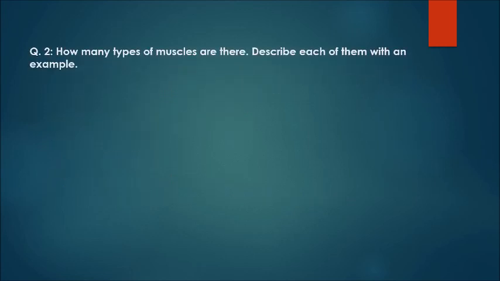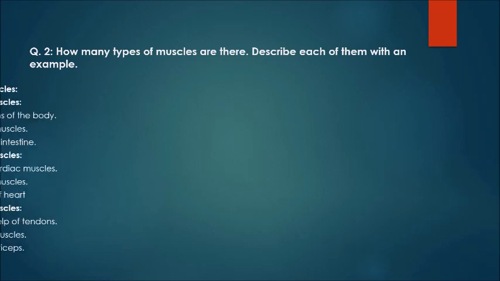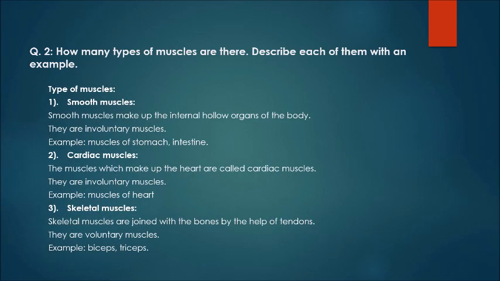Question number 2. How many types of muscles are there? Describe each of them with an example. Types of muscles. Number 1, smooth muscles. Smooth muscles make up the internal hollow organs of the body. They are involuntary muscles. Example, muscles of the stomach and intestine. Number 2, cardiac muscle.